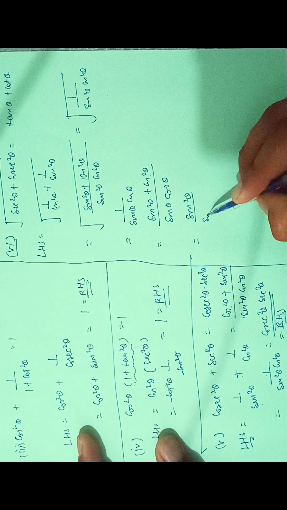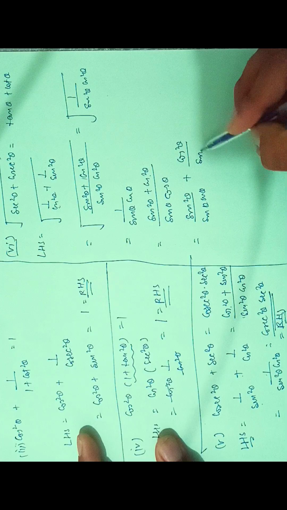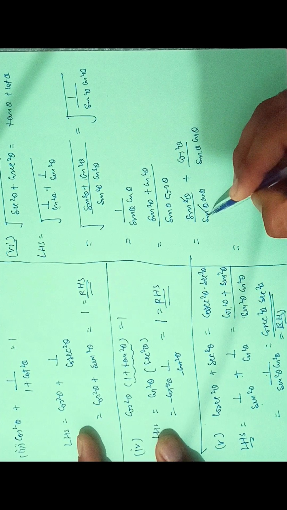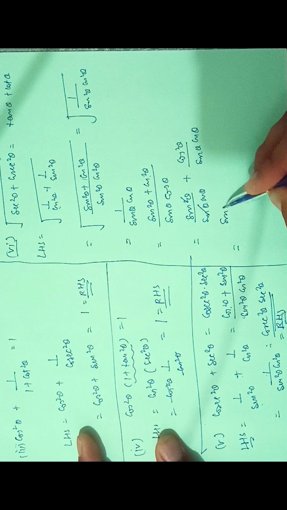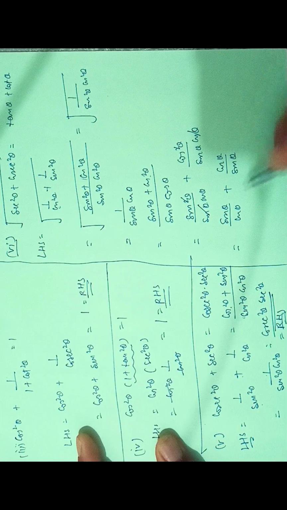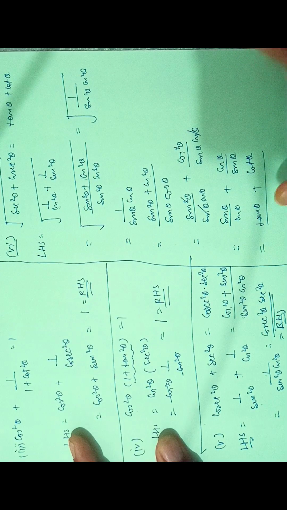Sine square theta will be divided by sine theta and cos theta, plus cos square theta will be divided by sine theta and cos theta. One power of sine will be cancelled, so here we'll have sine theta as numerator and cos theta in the denominator. One power of cos will be cancelled, so cos theta upon sine theta. So this will be tan theta and this will be cot theta. So this was the question.